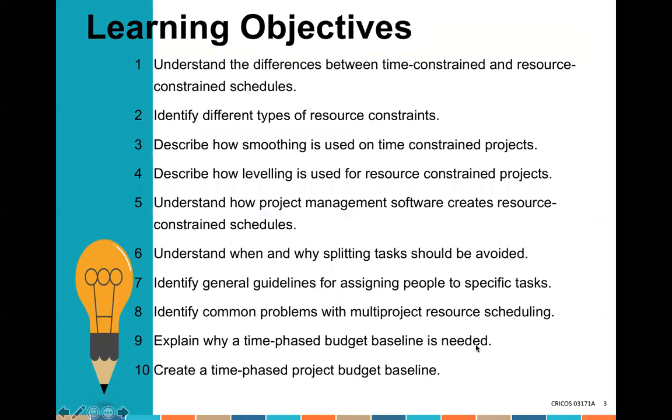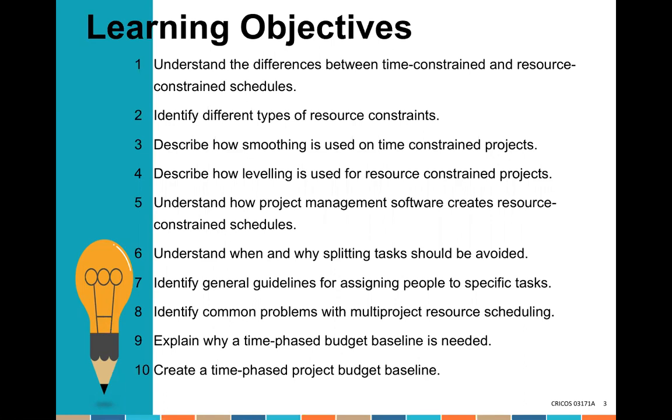So today we're going to understand the difference between time constraint and resource constraint schedules. We're going to identify different types of resource constraints. We're going to describe how smoothing is used on time constraint projects, and how leveling is used for resource constraint projects.